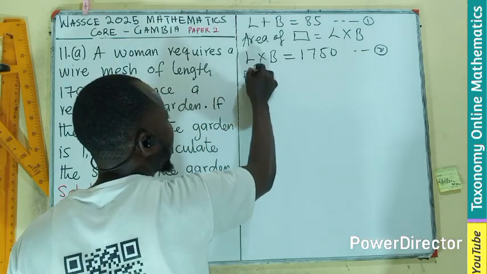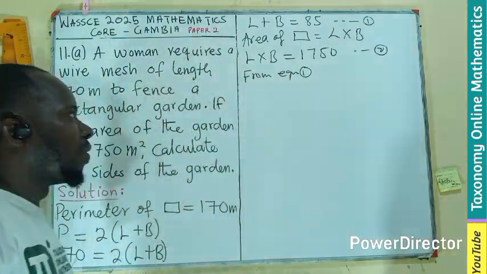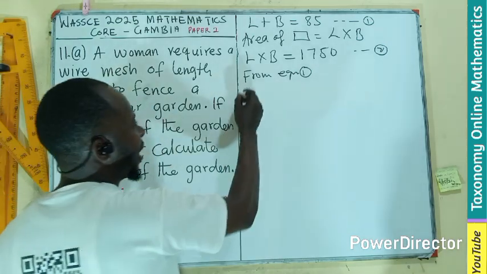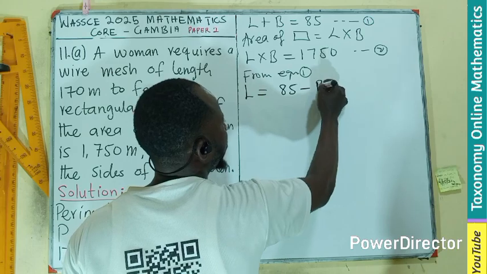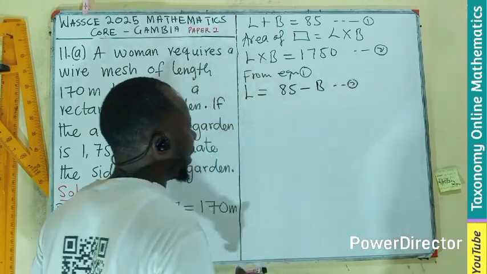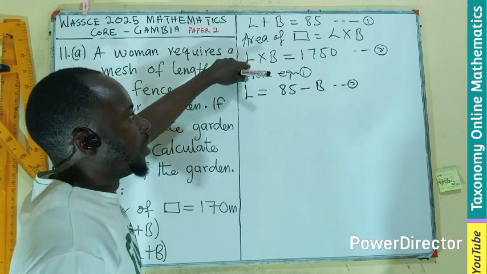So from equation 1, we can make one of them the subject. Let's say L equals 85 minus B, as equation 3. So we put equation 3 into equation 2.